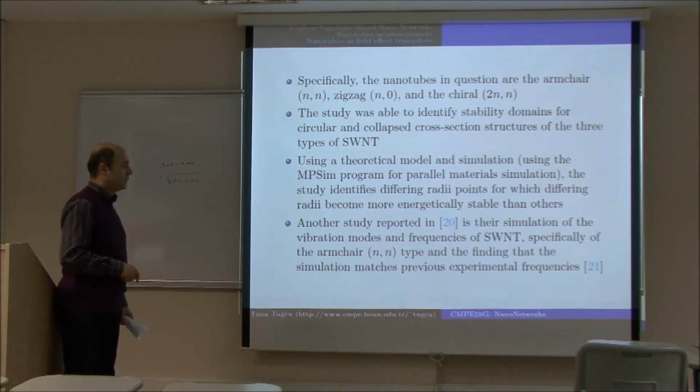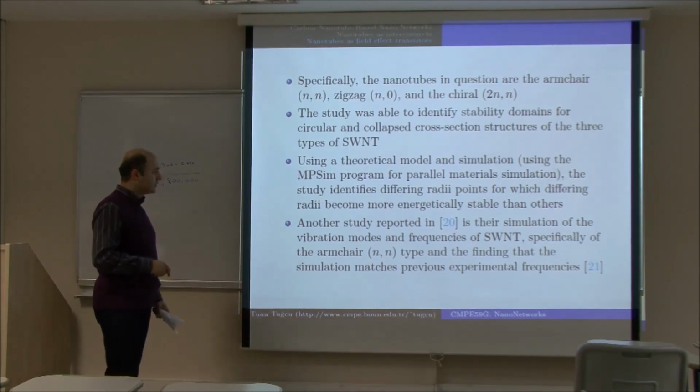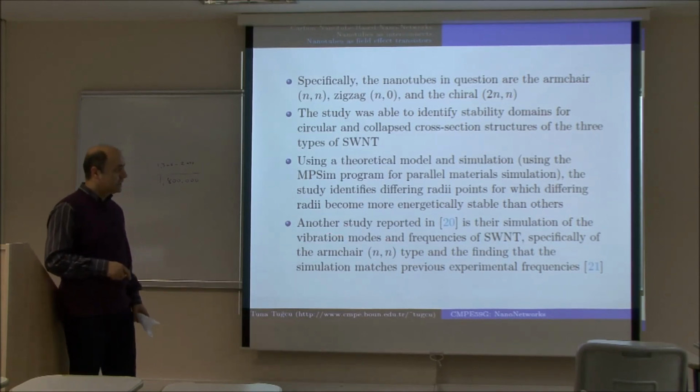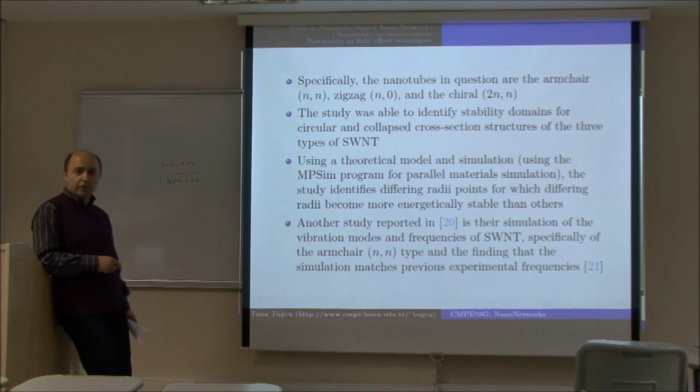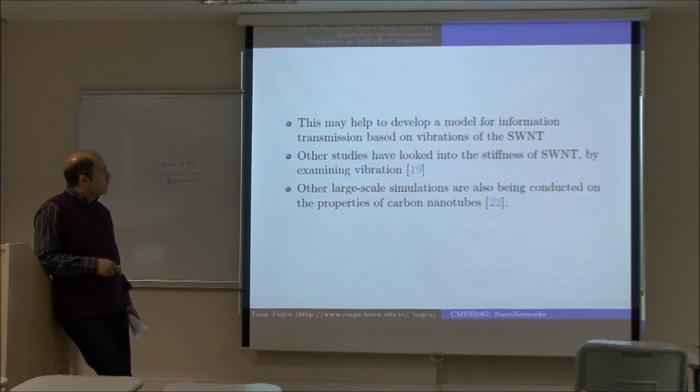Another study also gives simulations for the vibration modes and frequencies of these single-wall carbon nanotubes, specifically for the armchair, and finds that the simulation matches previous experimental frequencies. All these will typically help to develop a model for information transmission based on vibrations in this case.